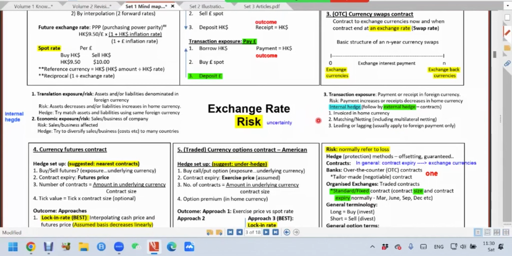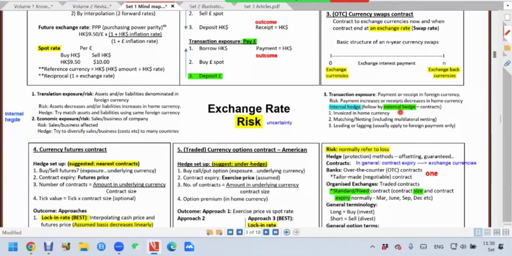After you have done the internal hedge, then you can go outside. That's called external. Translation, economic, transaction all have internal, but transaction also has external. That is the only one with external.